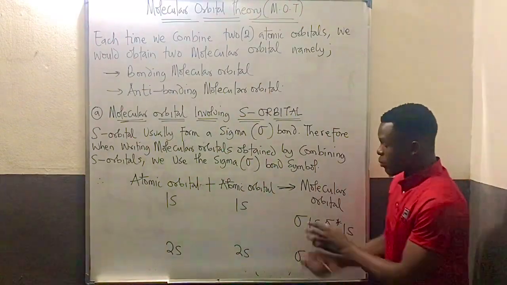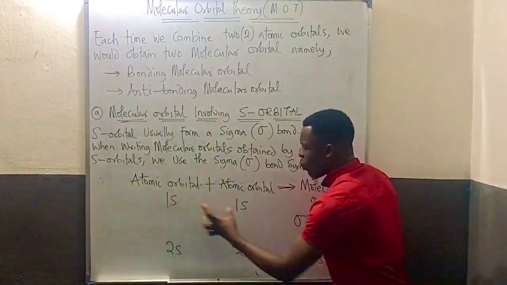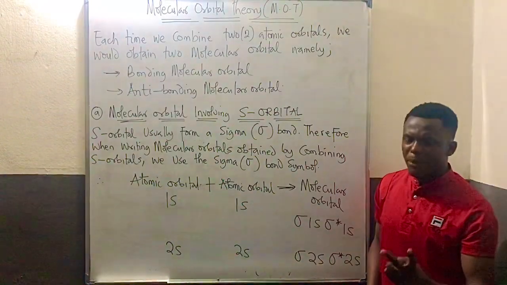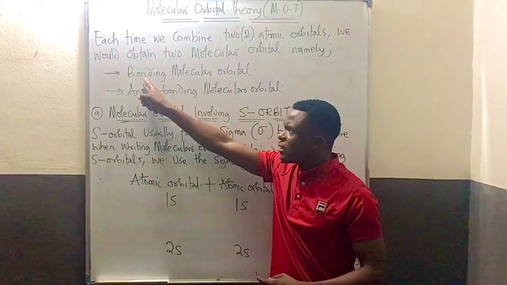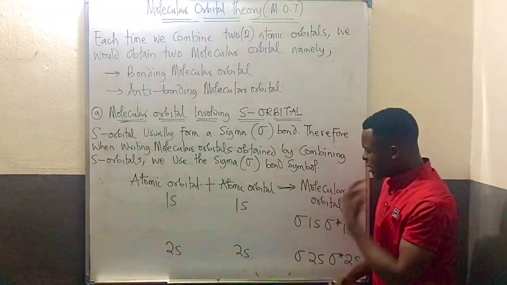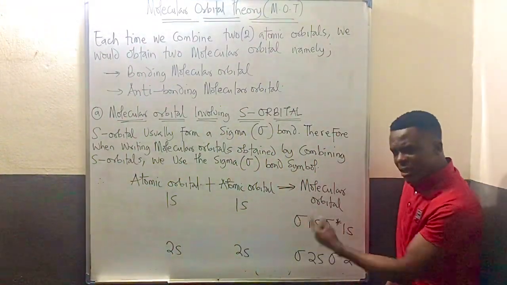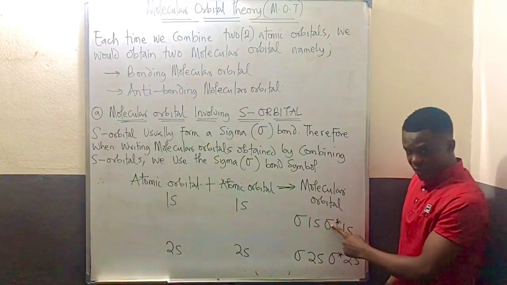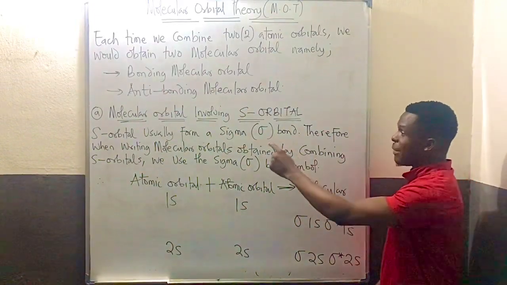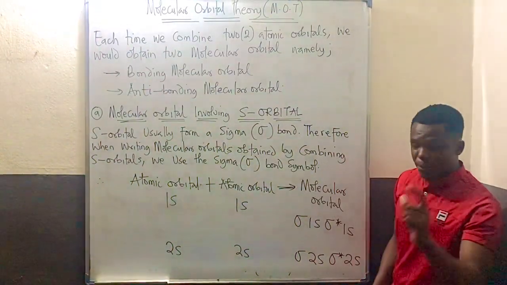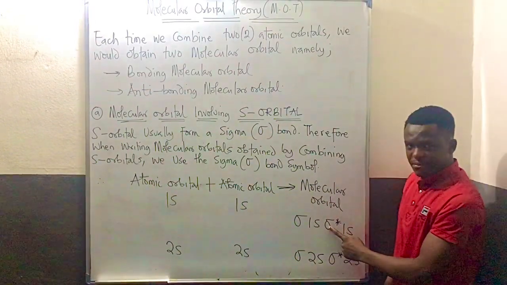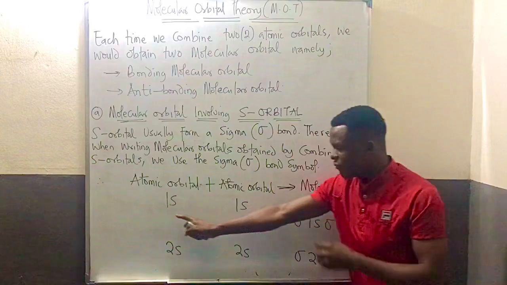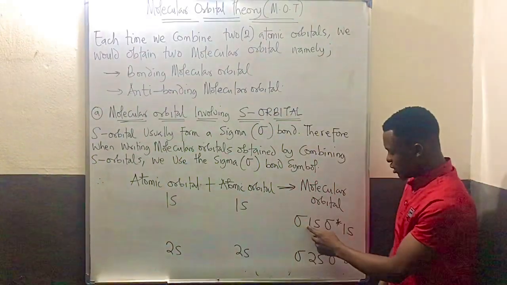The bonding is the one without the asterisk, and the anti-bonding is the one with the asterisk. Remember I told us that whenever we are combining s, it forms a sigma bond, so we always use this symbol to represent s. Since the energy level here is 1, that is why we are attaching this 1 here.